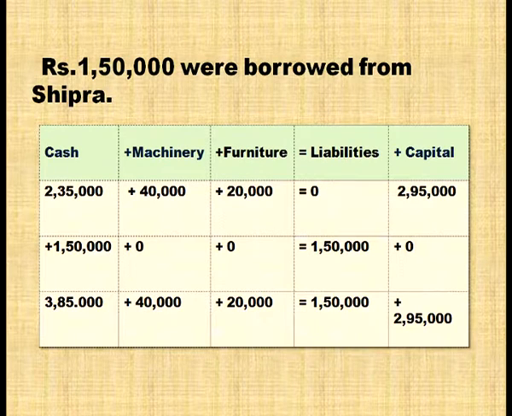On the liability side, liability has increased by 1,50,000 and capital earlier was 2,95,000, no change. So, 2,95,000 plus 1,50,000. So, both the asset side and the liability side are equal, and here also accounting equation is satisfied.